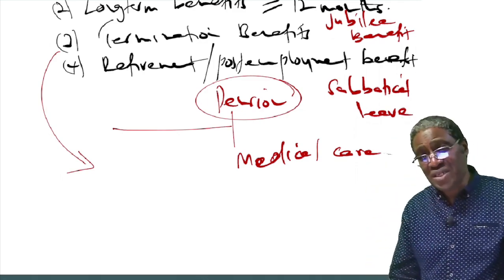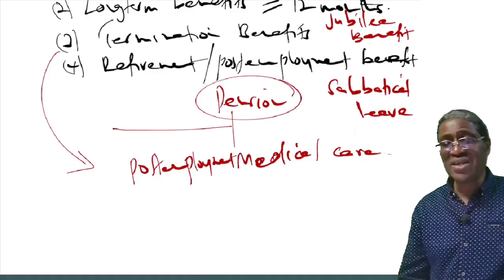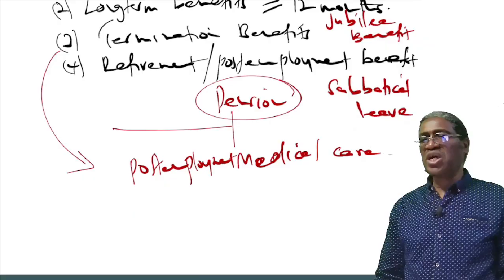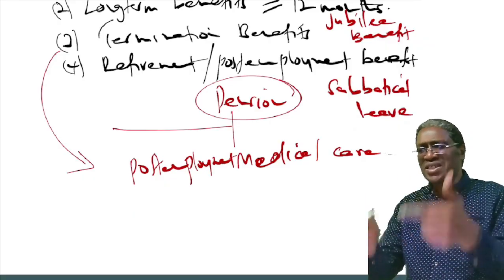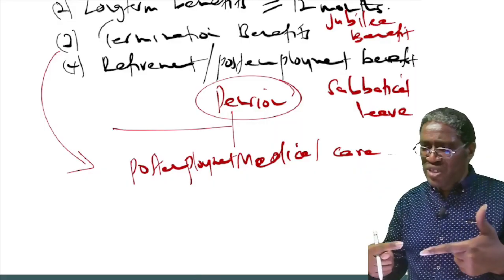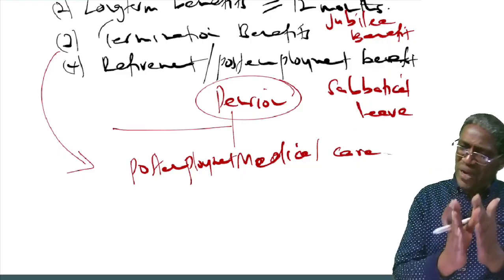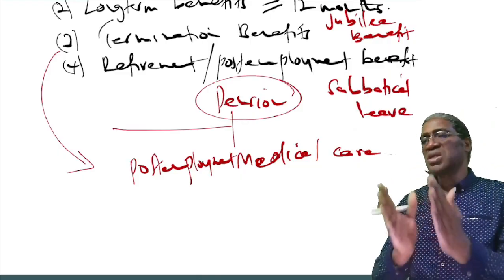So we are giving an example of post-employment medical care as another example of a retirement or post-employment benefit. These are benefits that an employee is entitled to at the date of retirement or after the date of retirement, like pension or post-employment medical care.